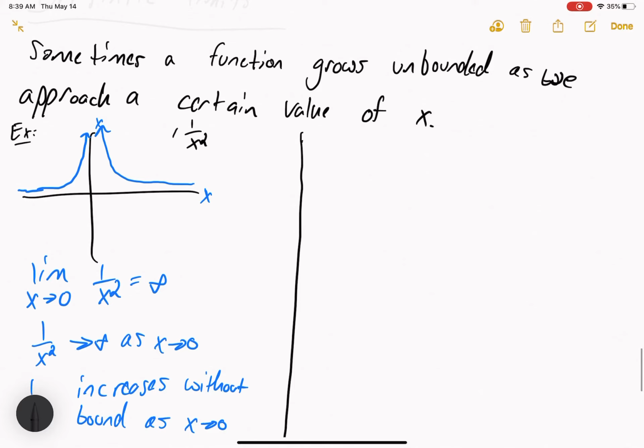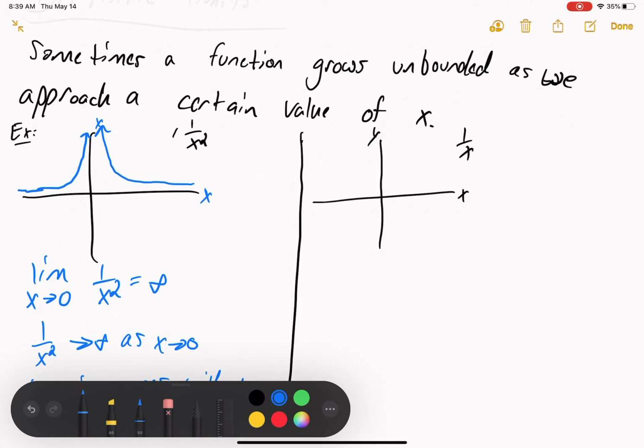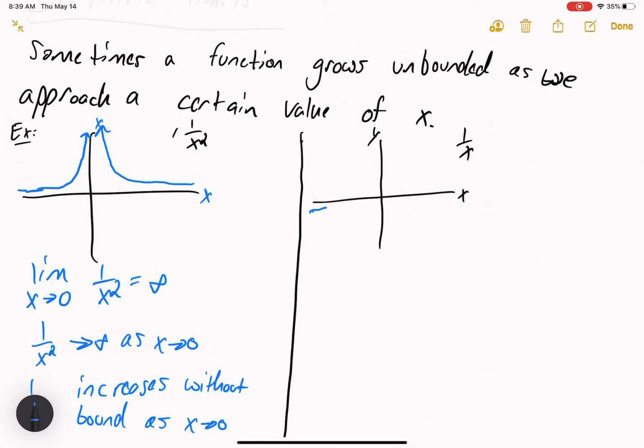But now let's look at a case where the left-hand and right-hand limits do not necessarily agree. Let's look at a function that we all know and hopefully love, 1 over x. If we approach from the left, we have negative x values, so it's going to be negative.